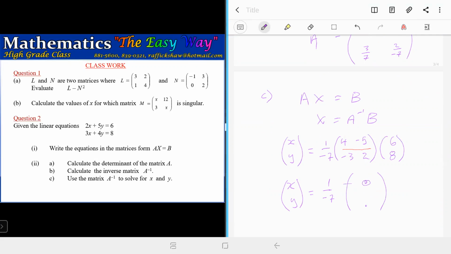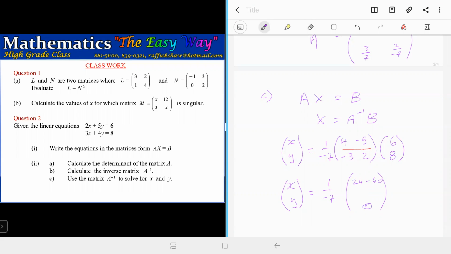First value here is the first row, 1 column. So it's 4 times the 6 and the -5 times the 8. 4 times 6 is 24. Minus 5 times 8 is -40.